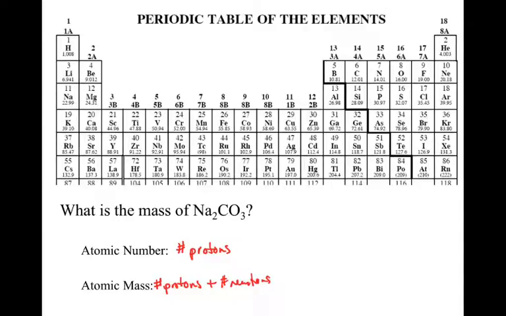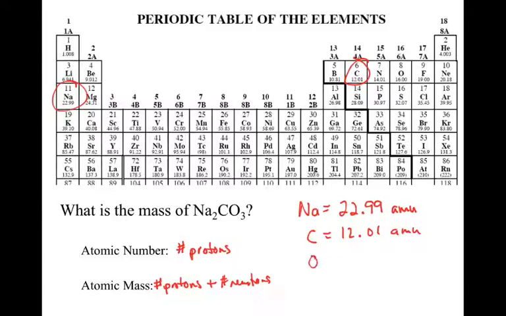So if I was going to figure out the mass of sodium hydrogen carbonate, I could use the periodic table and look up the mass of a sodium atom. The sodium atom, according to our table, is 22.99, and our unit was the atomic mass unit, the mass of our atoms. We could look up carbon, and carbon is 12.01 atomic mass units.